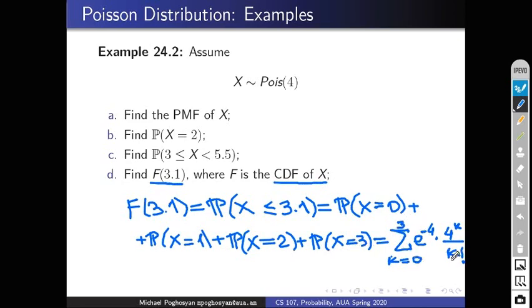Let me just recall that 0 factorial is by definition 1. So I can calculate this sum again by using R, but I will not do that.